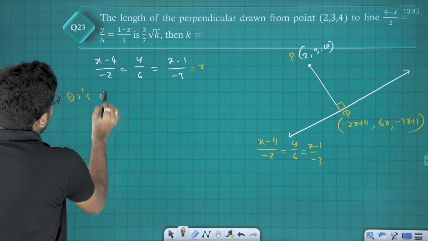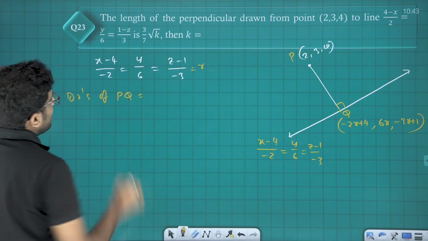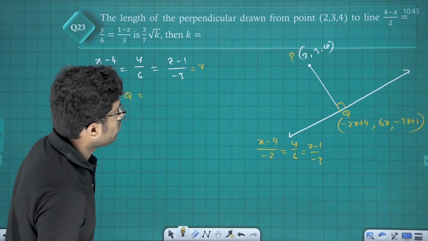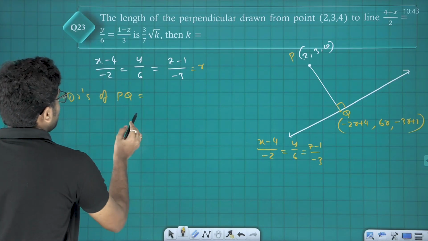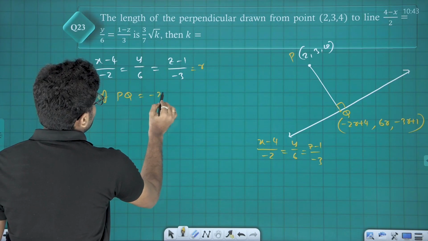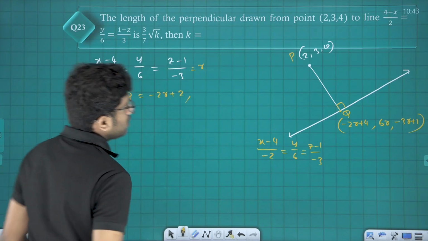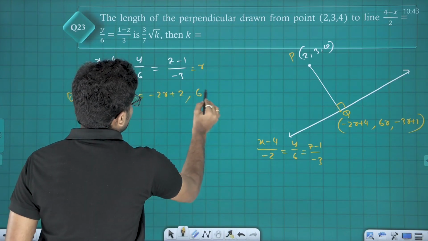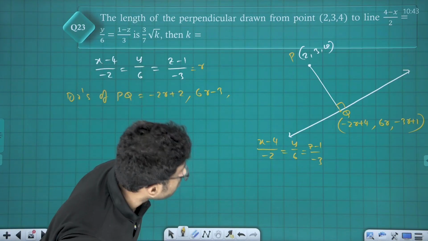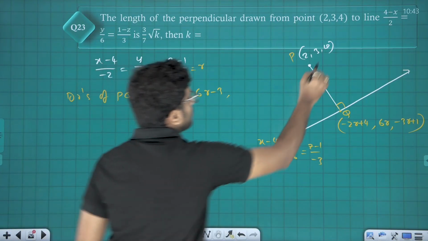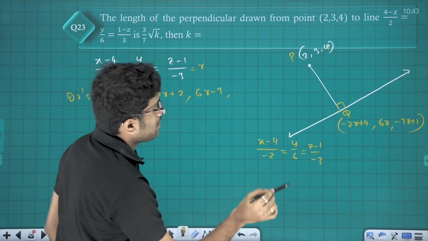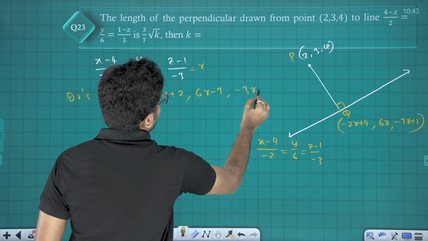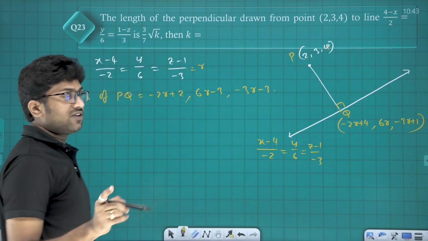If we know two points, DRs of PQ will be x2 minus x1: minus 2r plus 4 minus 2, that is minus 2r plus 2; 6r minus 3; minus 3r plus 1 minus 4, that is minus 3r minus 3. So we have got the DRs of PQ now.